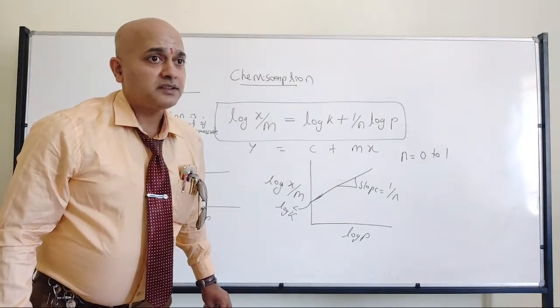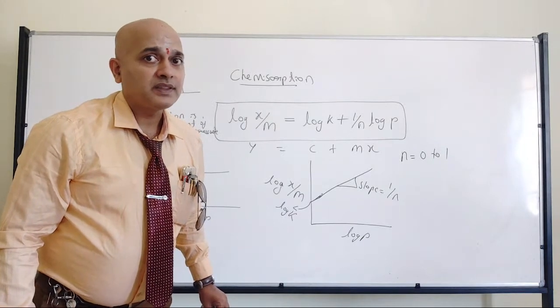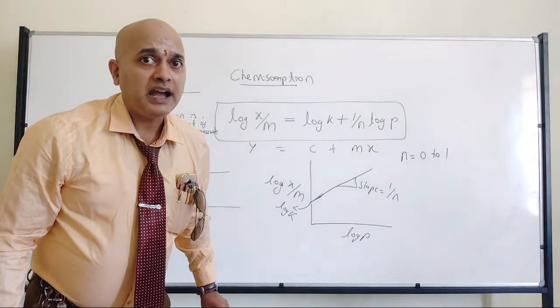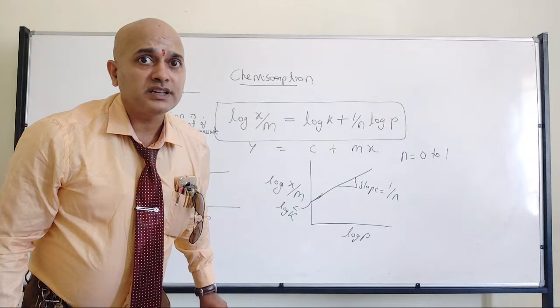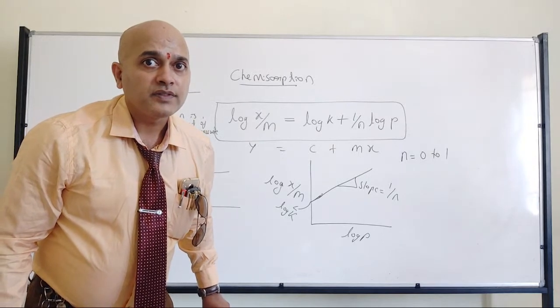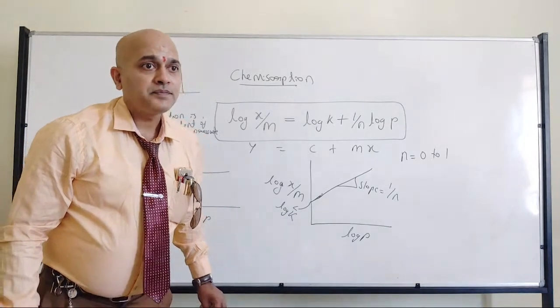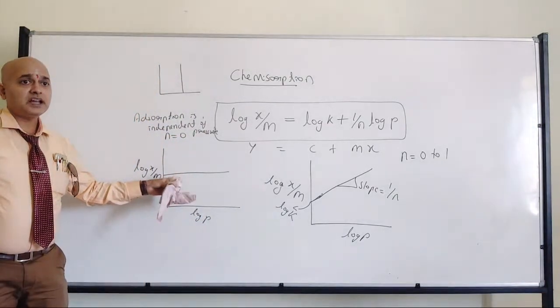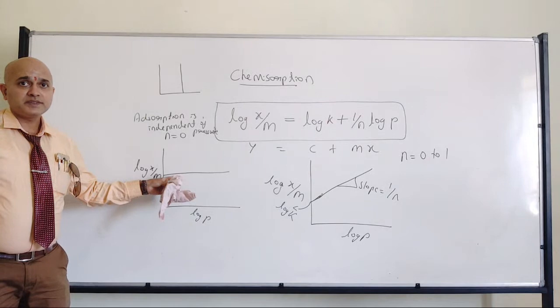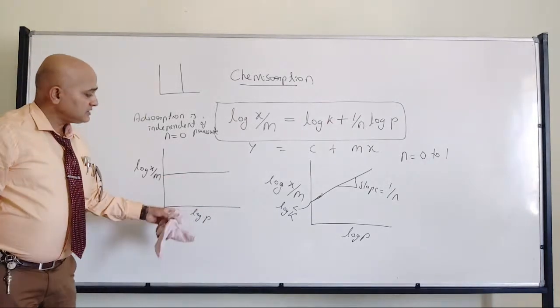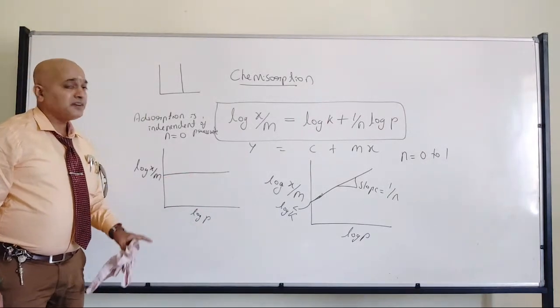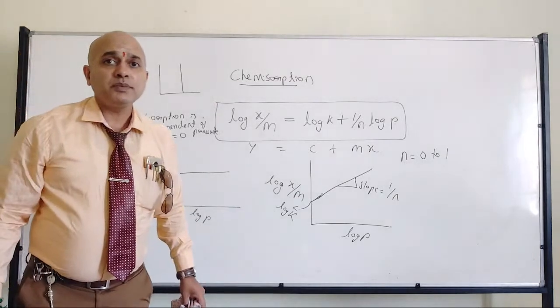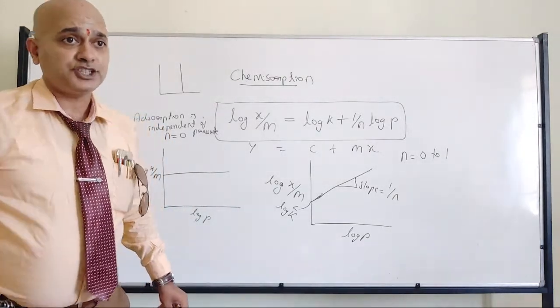Now, Ravikant, is your doubt clear? You had asked about n is equal to 0. This should be the graph we are going to expect, because pressure and adsorption will become independent of each other.